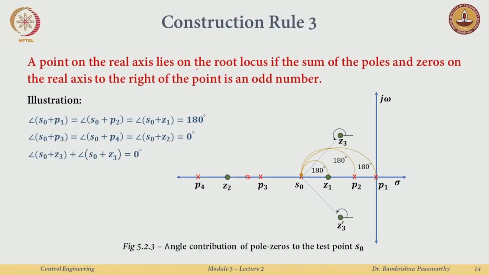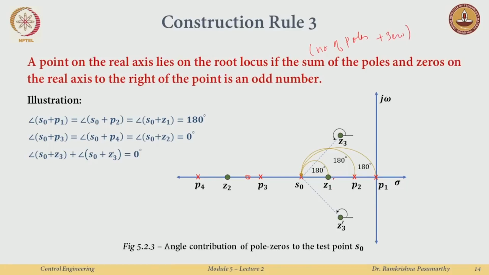A point on the real axis lies on the root locus if the sum of the poles and zeros on the real axis to the right is an odd number, right. So, this sum is actually just the number of poles plus number of zeros, it is not the values of the poles.